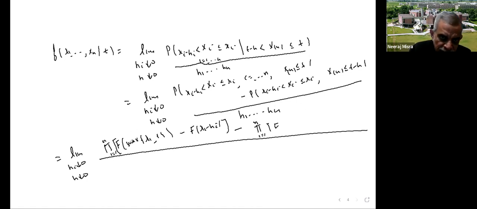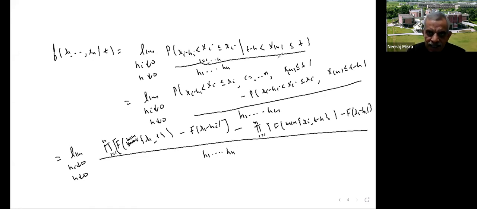So it will be again minimum, not maximum, of the minimum of xi and t minus h, minus f of, divided by h.